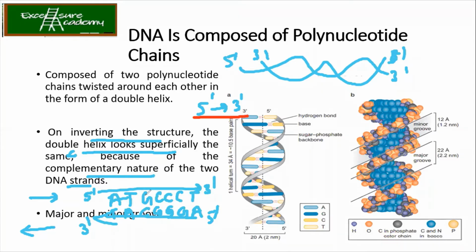The complementary strand I have written over here, A, G, G, whatever it is. Now the question is, if I invert the structure entirely in this direction, is the reading from 5 prime to 3 prime going to be the same or not?